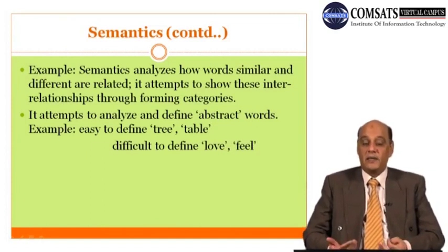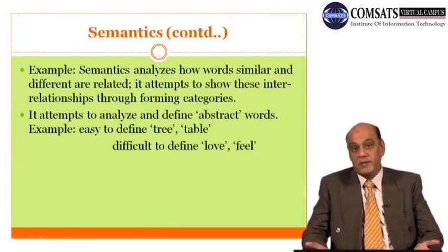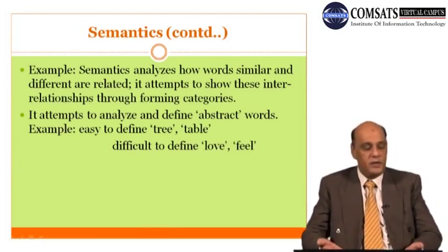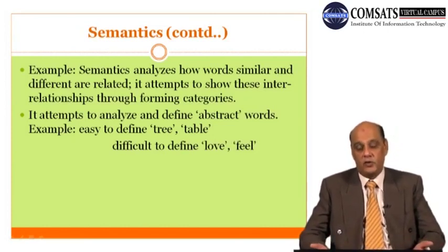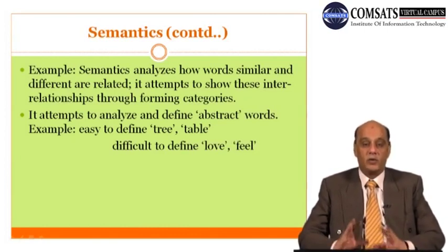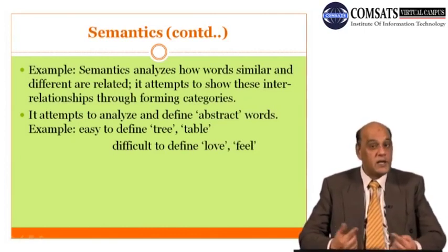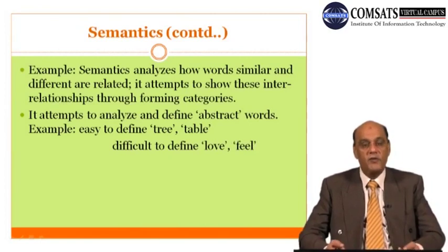It might be easy for you to define some concrete things, but when we analyze, we sometimes have such abstract phenomena which are difficult to explain. So semantics attempts to analyze those abstract words, like love and feel.